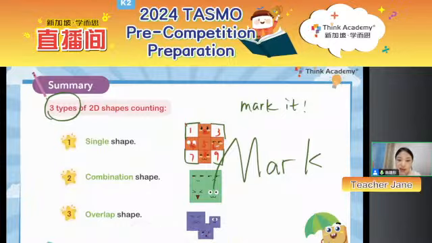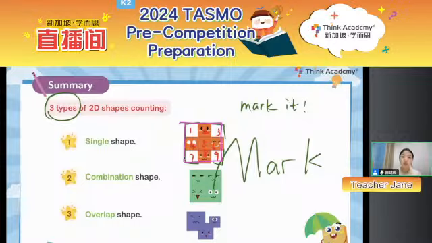So we can count 10, 11, 12, 13, right? And don't forget the big one outside, that will be 14. So there will be 14 shapes.